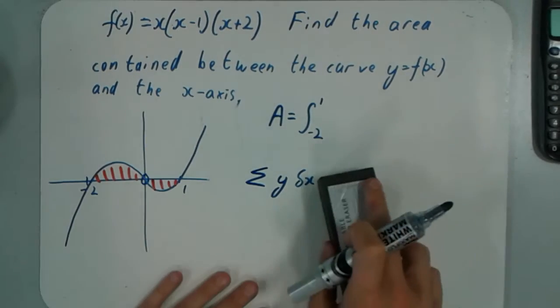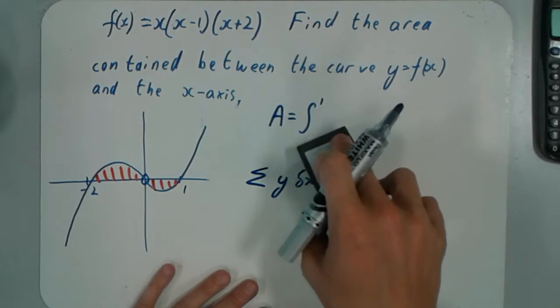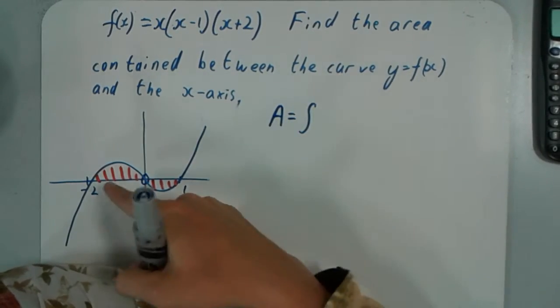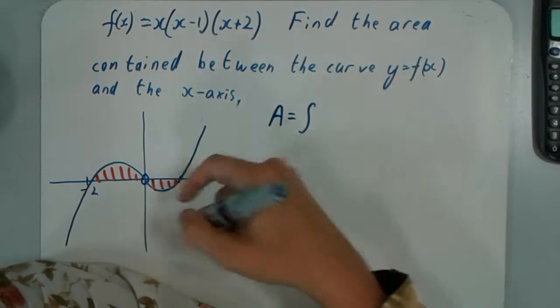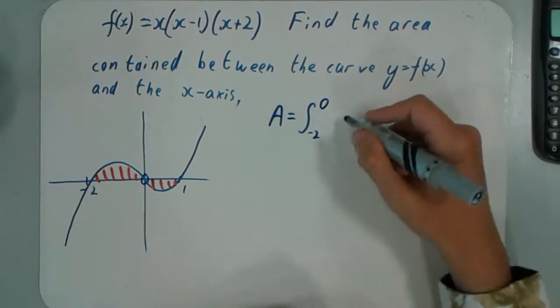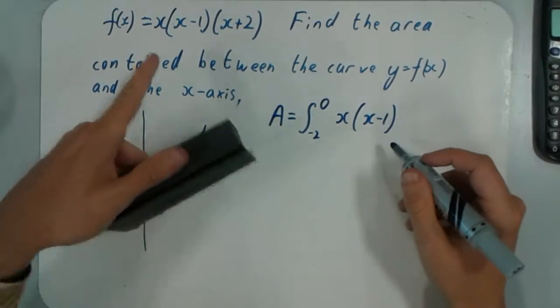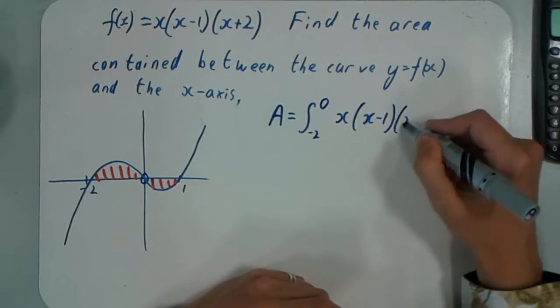So I can fix that problem by splitting my integral. I can do it first of all from minus 2 to 0. So remember, we're integrating y, and y is our function of x.